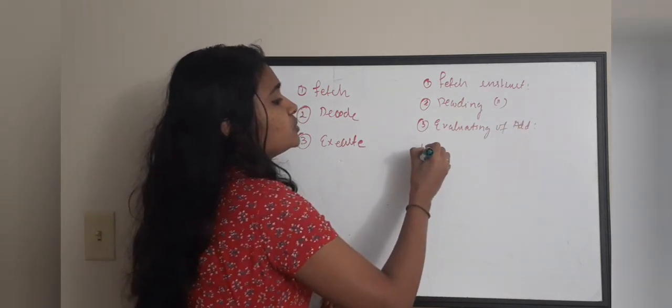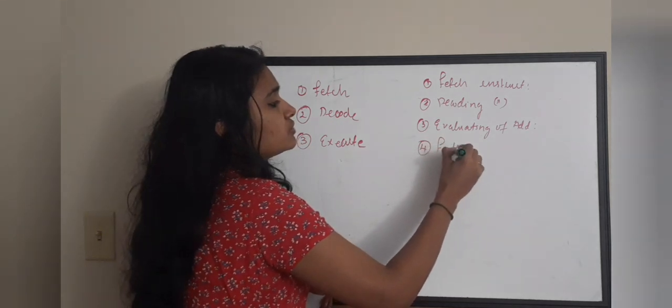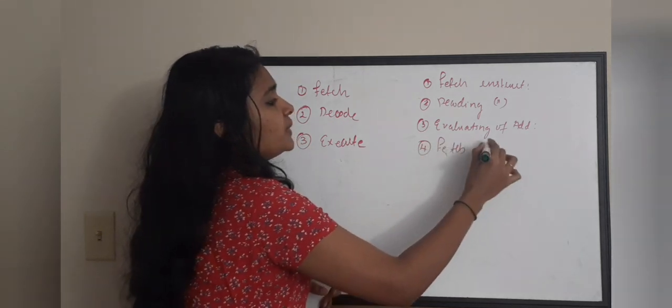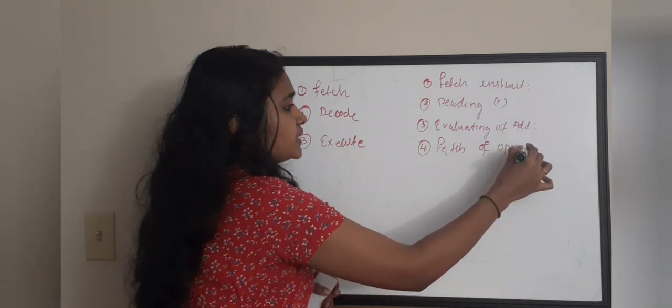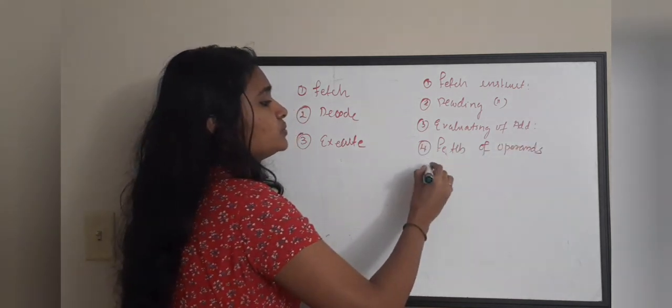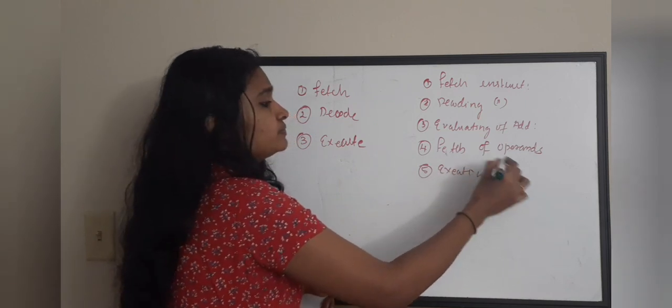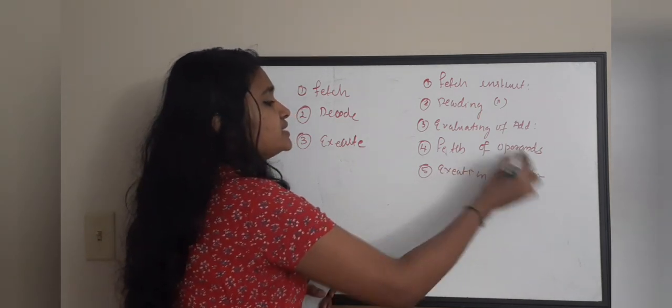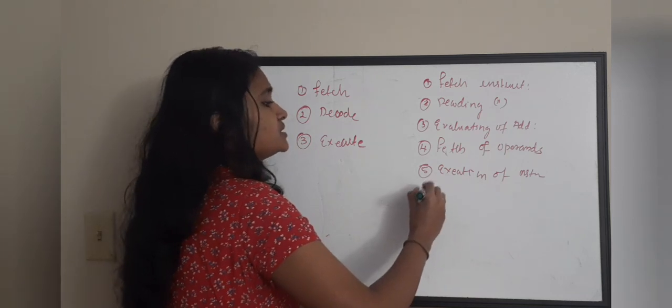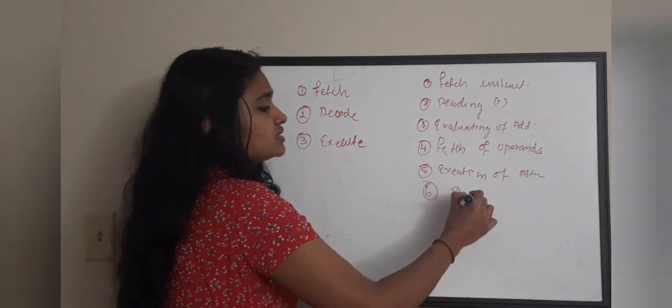Now fourth one is fetching of operands from memory. Now fifth one is execution of your instruction, that is ALU operation execution. Now sixth one is storing of result.